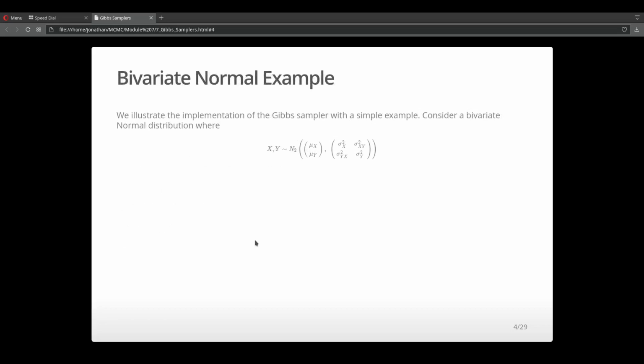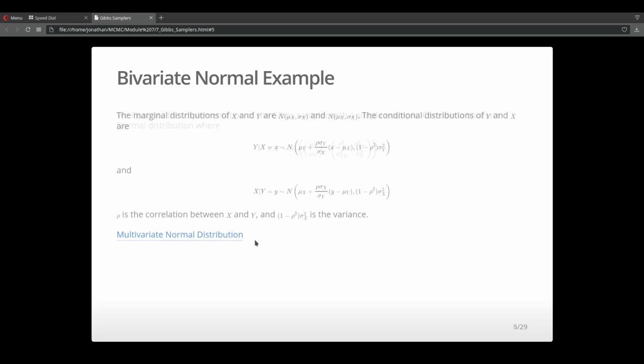So let's see this in action. We're going to try to sample from a bivariate normal distribution. We want samples for x and y, where both x and y come from a joint distribution. If you've not seen the multivariate normal distribution, there's a link here to familiarize yourself, but we can also calculate the conditional distributions, especially for a bivariate distribution.